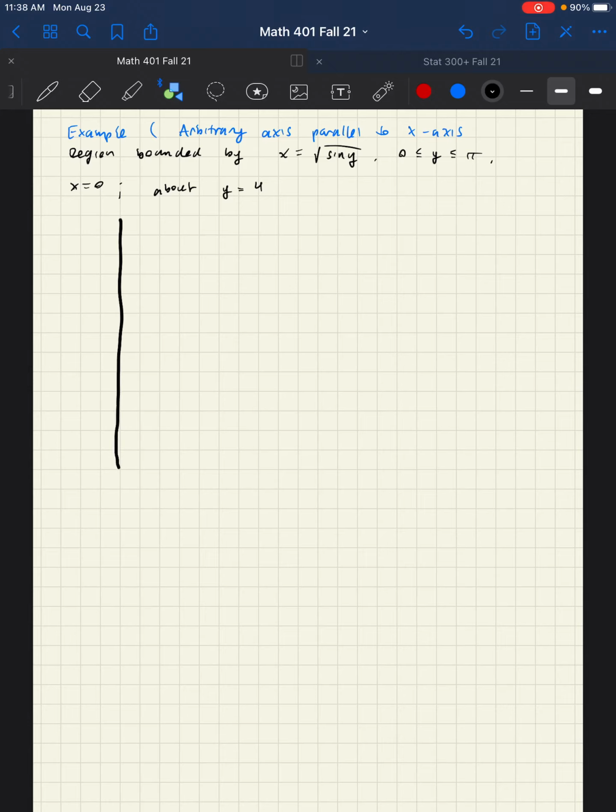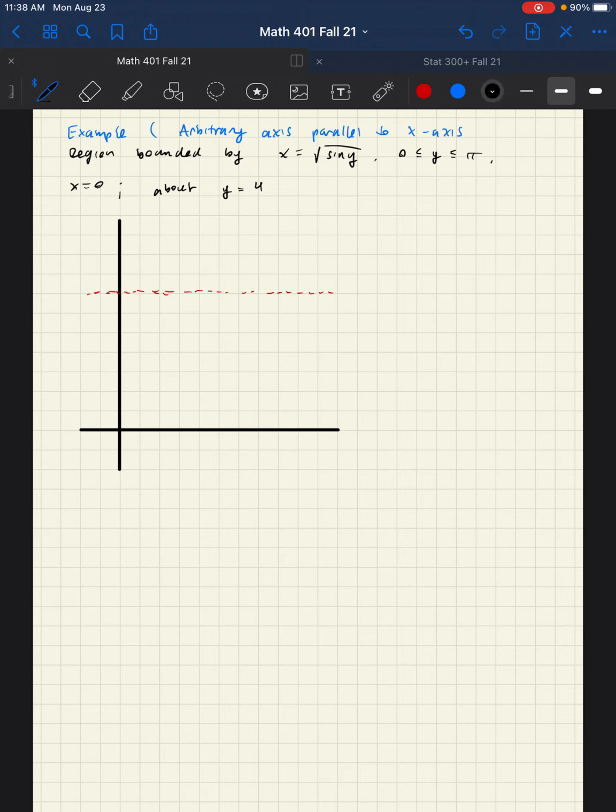So to give you a picture of this scenario, I'm going to fill in this line y equals 4.